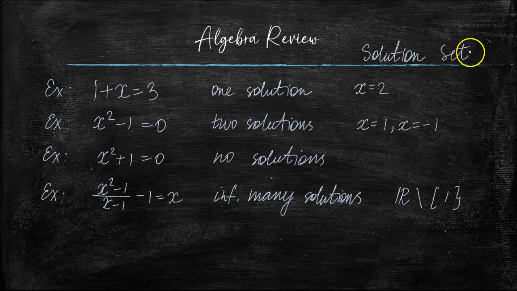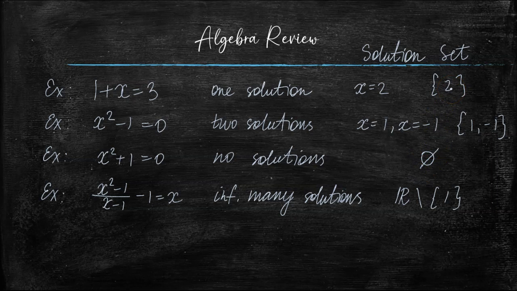The definition of a solution set is the set that contains all solutions. We can express the solution set for the first one using the set builder notation or just the set notation. This is already written in set notation. And when there are no solutions, we use the empty set notation.